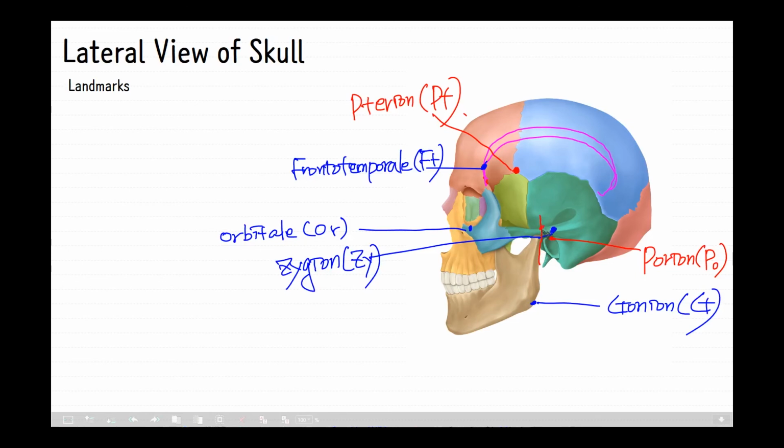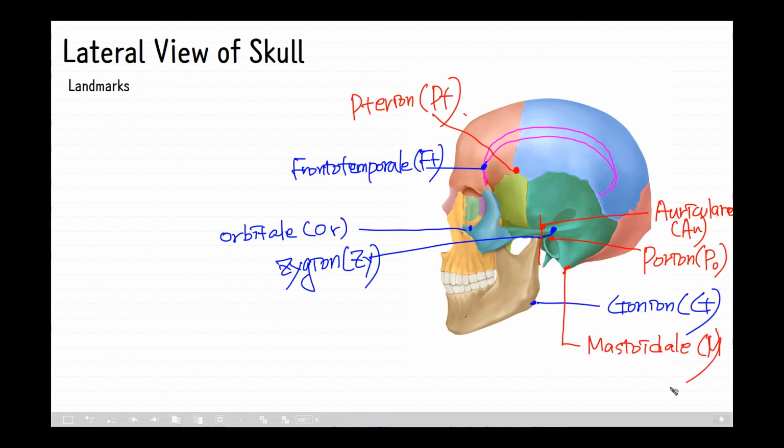So this point is auricular, which is not prevalently used in orthodontics actually. The next one is the mastoidale, this one, the lowest point of the contour of the mastoid process.